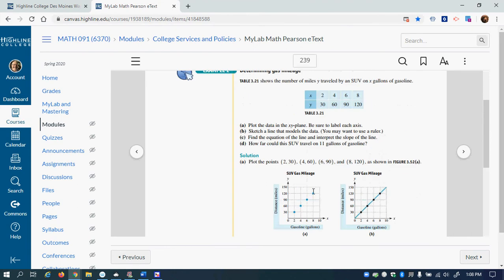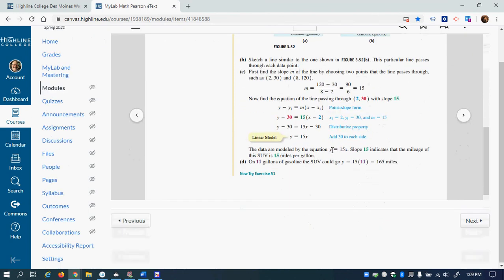In the end, you're supposed to take your equation and predict how far the car could travel at 11 gallons. Here they're doing 15 times 11, so they can go 165 miles.